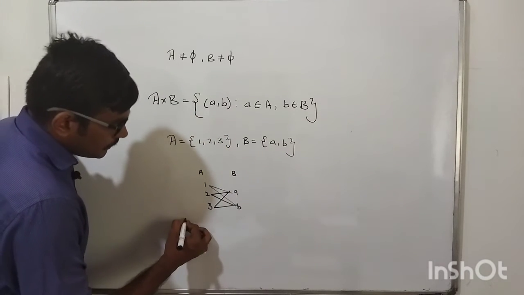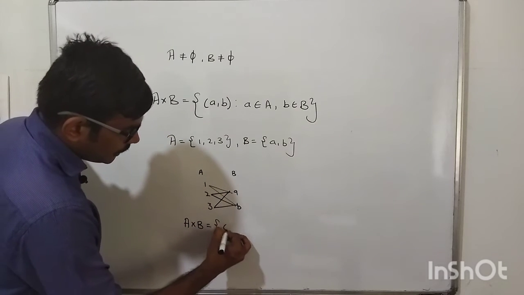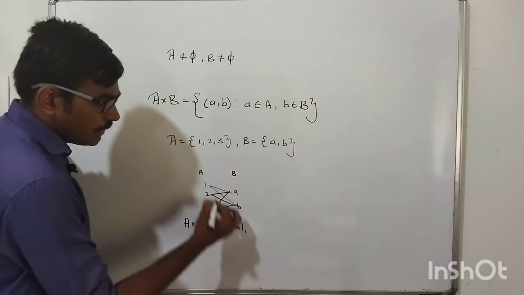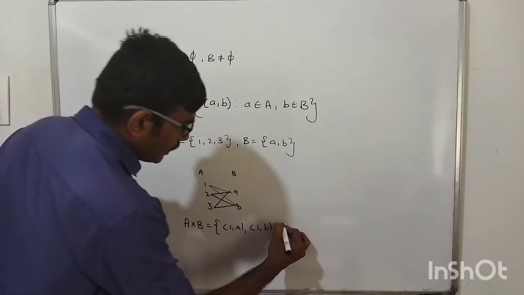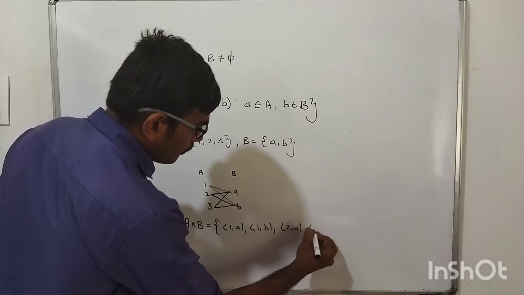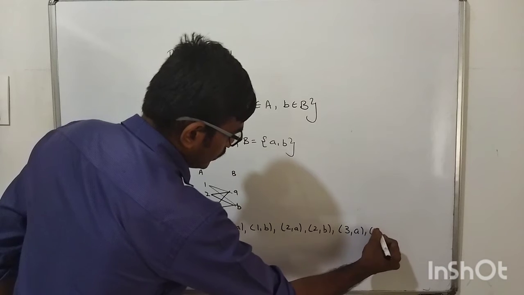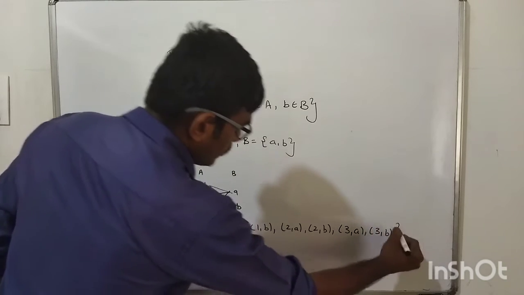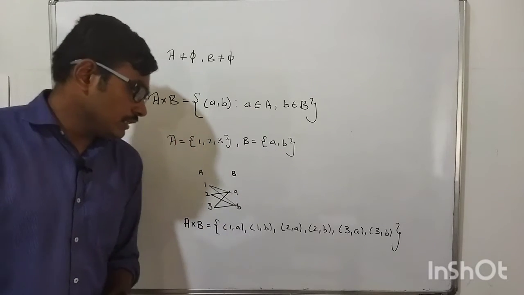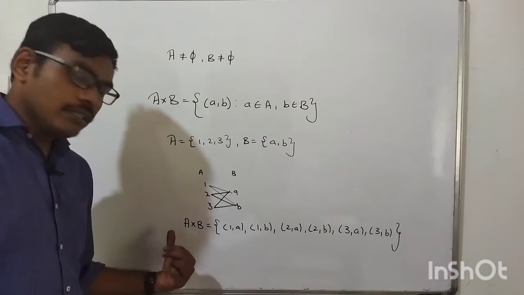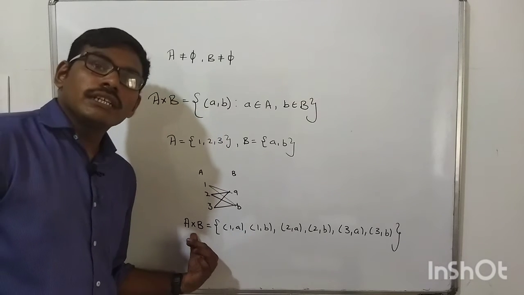So A cross B will be (1, a), (1, b), (2, a), (2, b), (3, a), and (3, b). All the possible pairs of the elements of A and B, such that the first element is always from the first set and the second element is always from the second set.